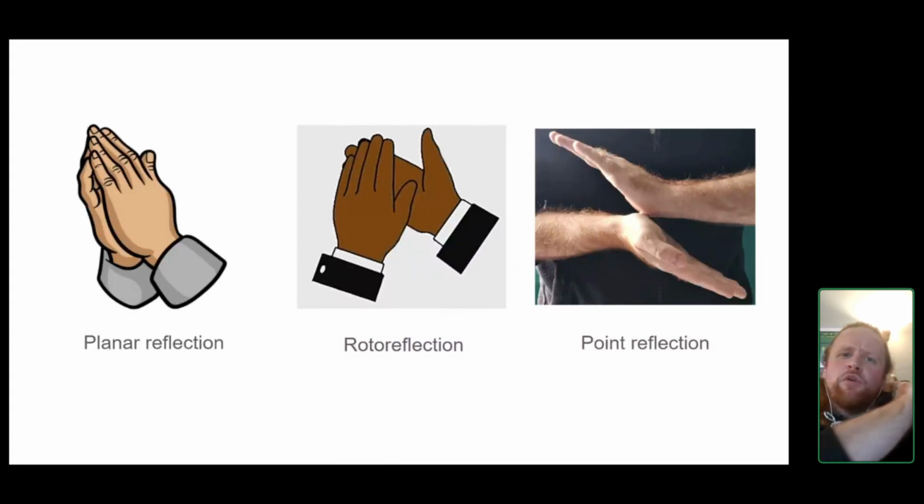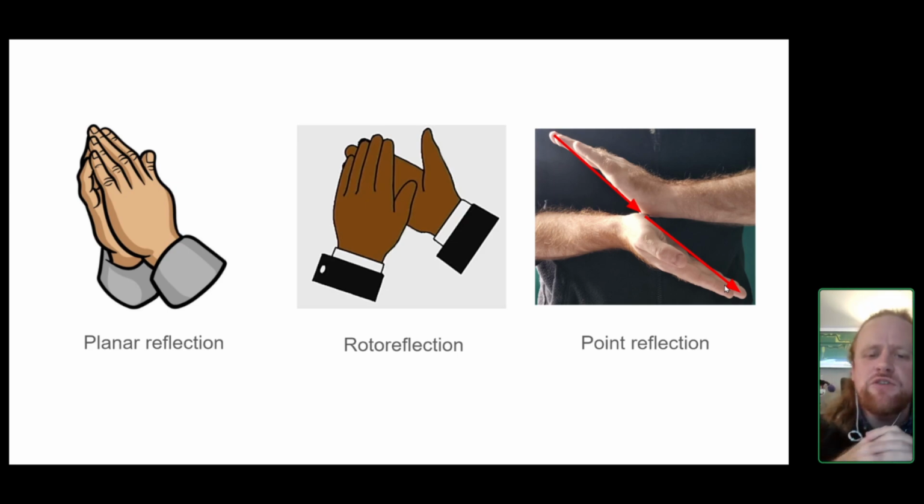You may or may not have seen a point reflection at any point in your life, but this is a point reflection, and it's defined by the fact that if you move from this fingertip towards this special point, and then out the other end by the same distance, you get to the same fingertip on the other hand. So, planar reflection, point reflection, rotoreflection. It's in between the 2 of them.